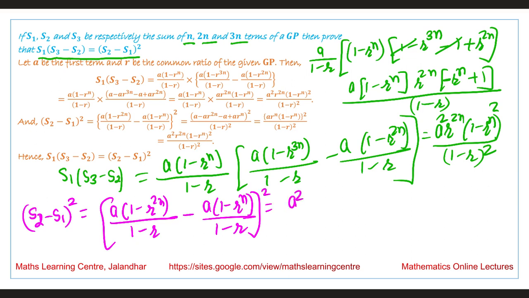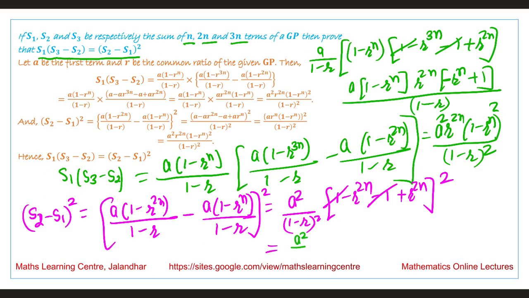It is equal to a square over 1 minus r square into 1 minus r raised to the power 2n minus 1 plus r raised to the power 2n whole square. So this 1 and 1 get cancelled, and the answer we are getting is a square by 1 minus r whole square into, from these two terms, r raised to the power 2n and this value r raised to the power n.